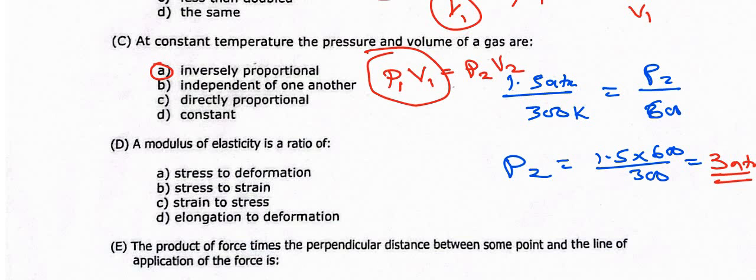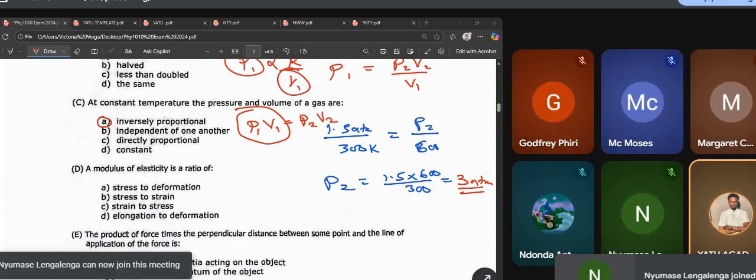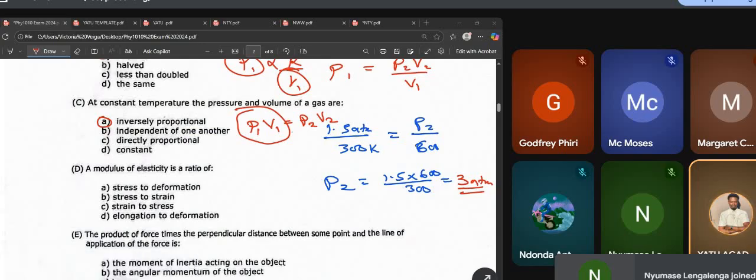Godfrey, anyone, guys? Any try? This is something you learn under mechanical properties of matter. So what do we get here?